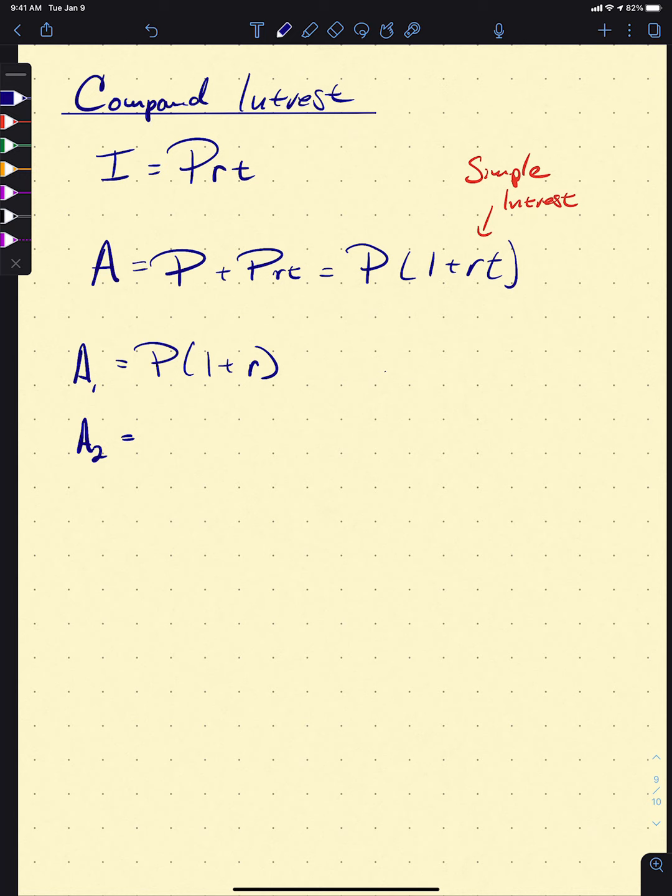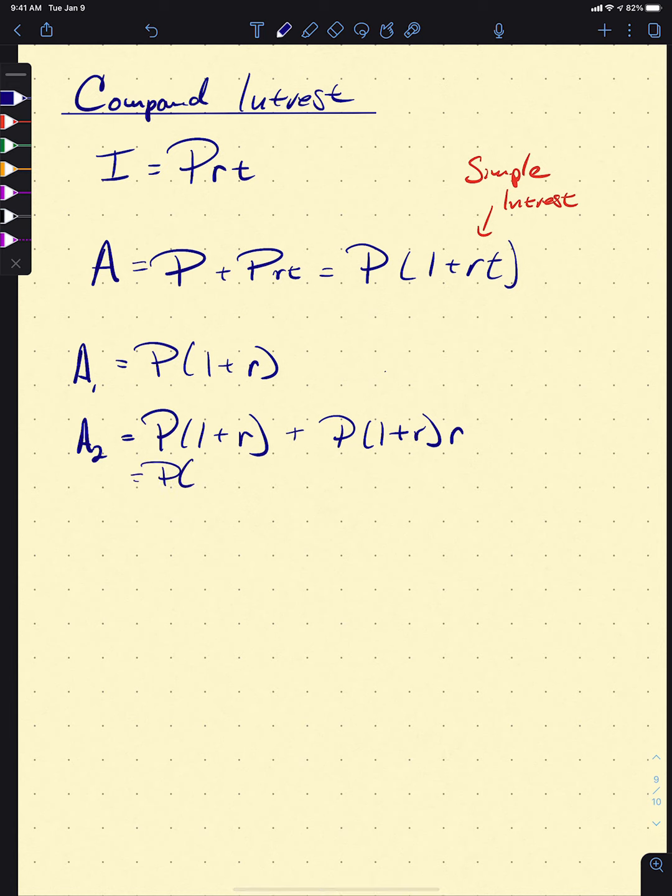Now our principal, the amount that we're starting with, is P times 1 plus R, and then we're adding on to that P times 1 plus R, which was our new P, times my rate. And there's one additional factor here, and that's what happens to T, but in this case, we're calculating every year, so T is just equal to 1.